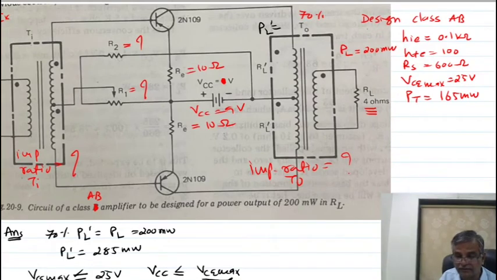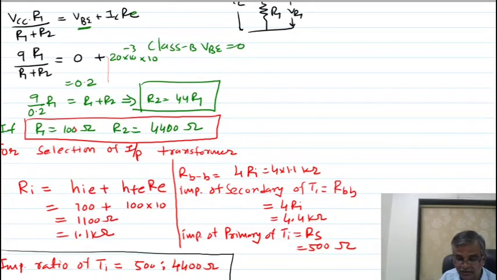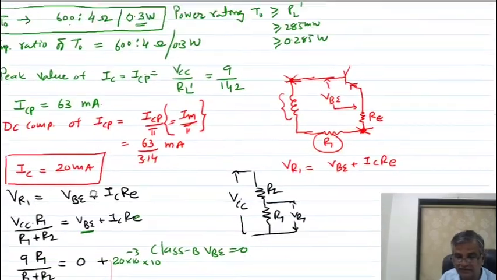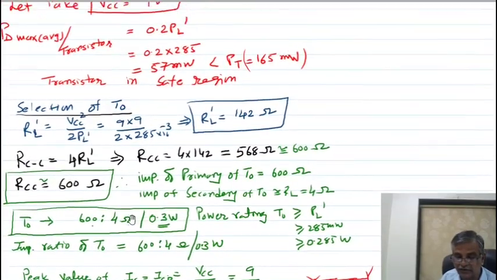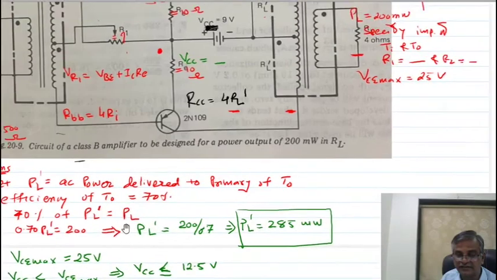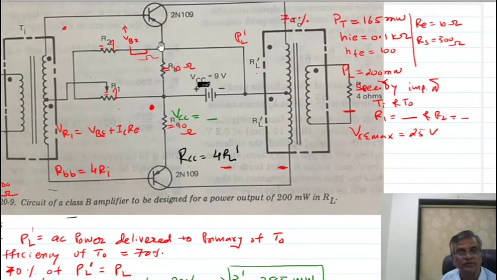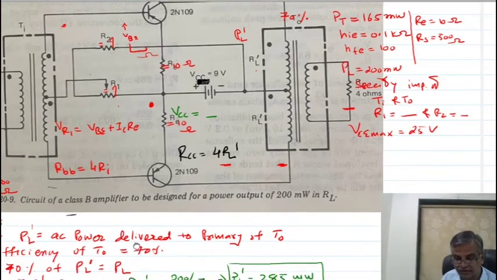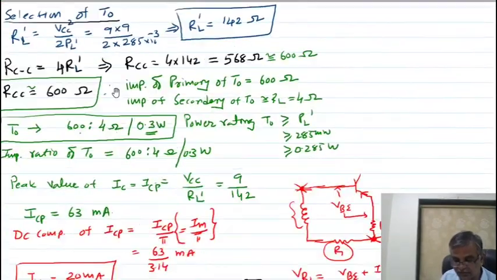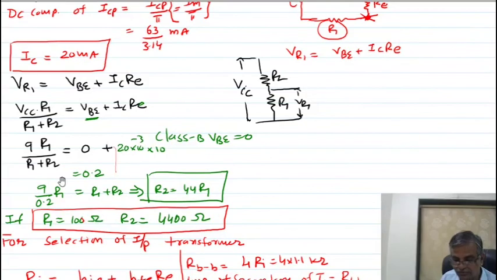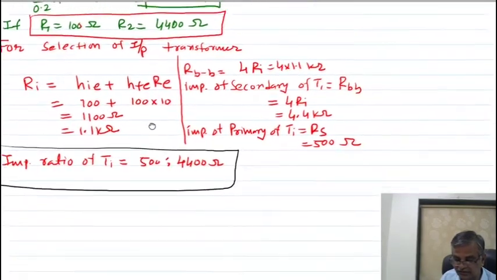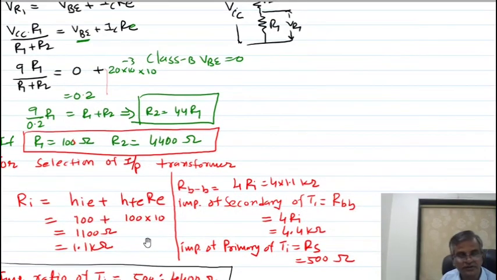Now in the previous circuit you selected the values of R1 R2 such that you are getting a VB voltage of how much? 0. So this is the difference. Here you selected R1 R2 like this, so the VB voltage is 0 volt.